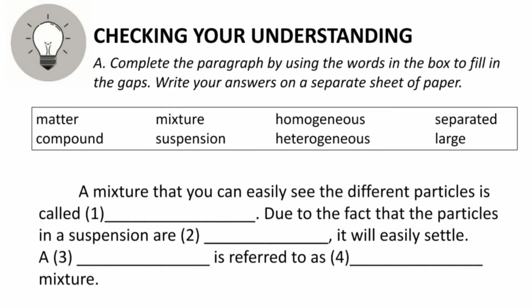A mixture that you can easily see the different particles is called blank. Due to the fact that the particles in a suspension are blank, it will easily settle. A blank is referred to as blank mixture.